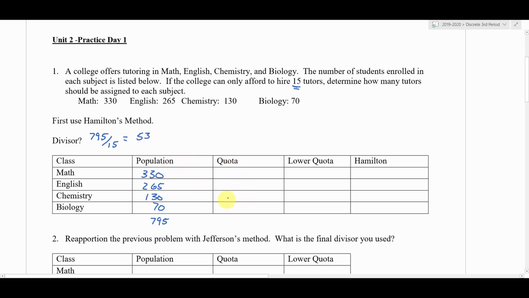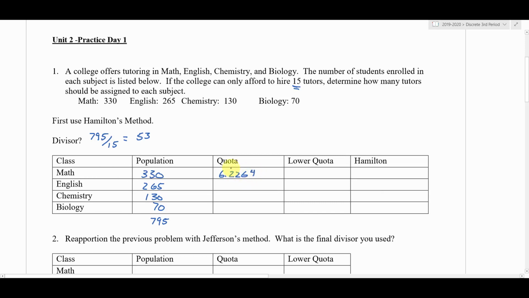All right, so quotas is our next column here, and to find my quotas, I would take the individual populations from each class, and I would divide by the divisor. So I would do 330 divided by 53, and my first quota here would be 6.2264. And this was a common mistake that happened on the quiz. There was a lot of rounding errors. So make sure if it says round to 4 decimal places when you do your quotas, make sure you round to 4 decimal places.